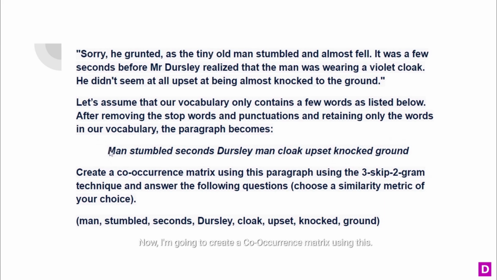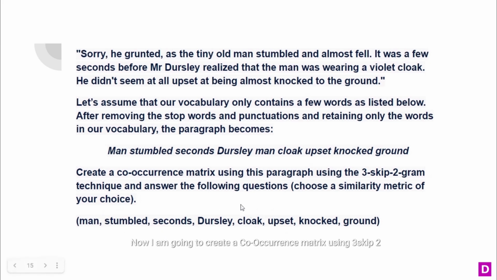Now I am going to create a co-occurrence matrix using this. Even while creating the co-occurrence matrix, there are two approaches: one is occurrence context based, and the second is the skip-gram method. I'm going to follow the 3 skip 2 gram method. I have taken man, stumbled, seconds, Dursley, cloak, upset, knocked and ground.